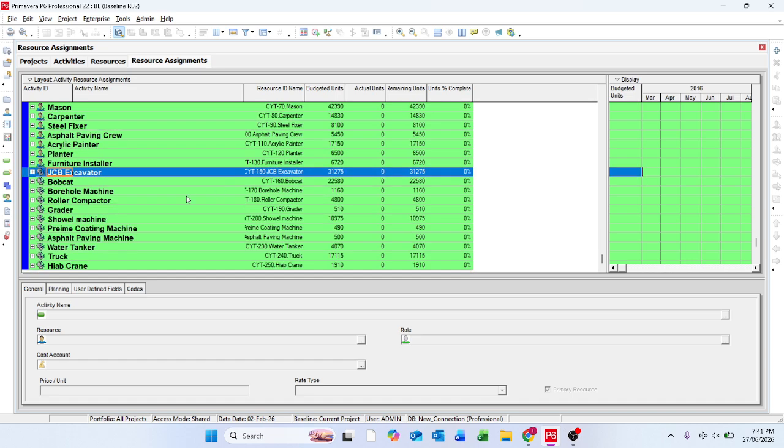And these are the machinery, you can say equipments loading in the program, as you see here, 31,275 hours as the hours for the excavator. Okay, so this is how you fix this problem.